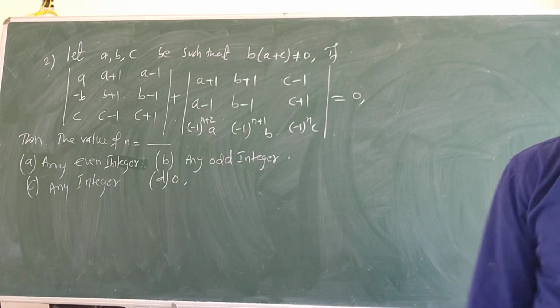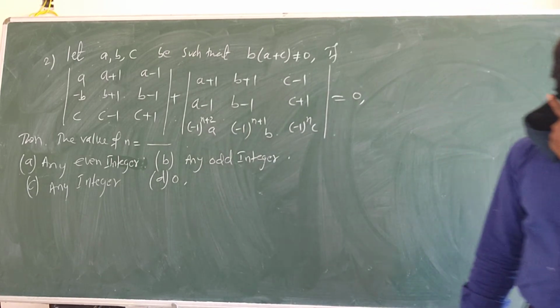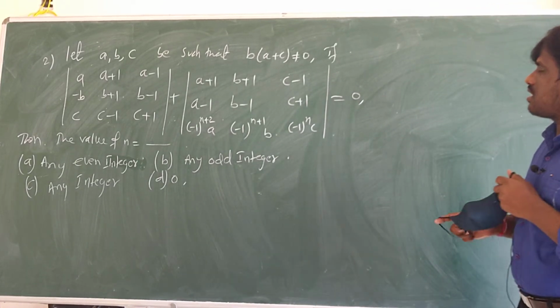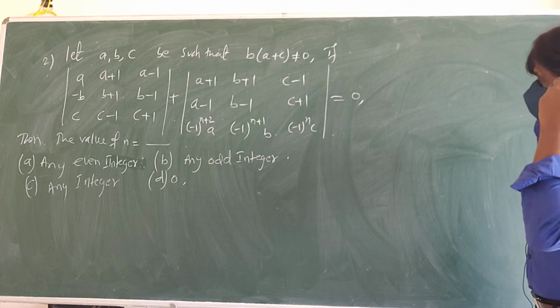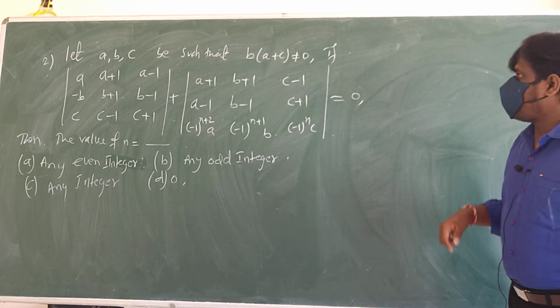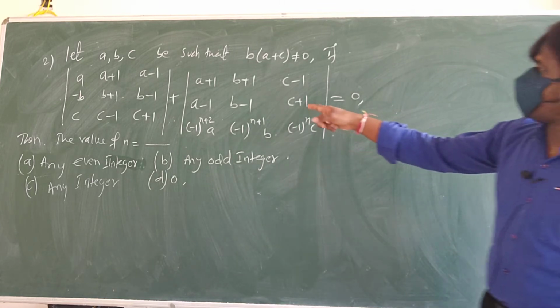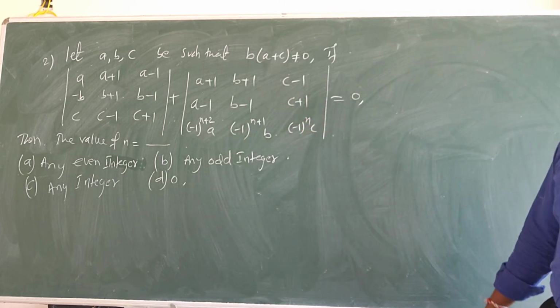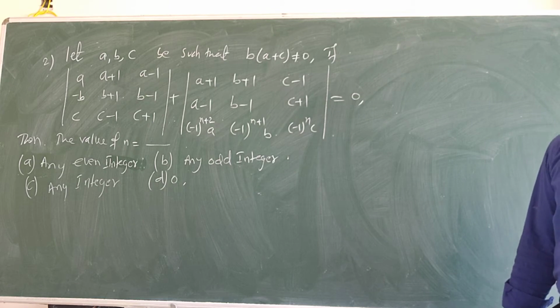See your next question. Let A, B, C be such that B into A plus C is not equal to 0, and they are saying that this determinant and this determinant value is 0. Then what is the value of n?